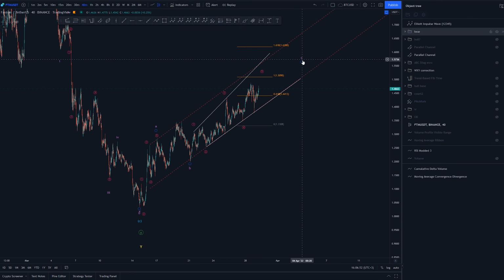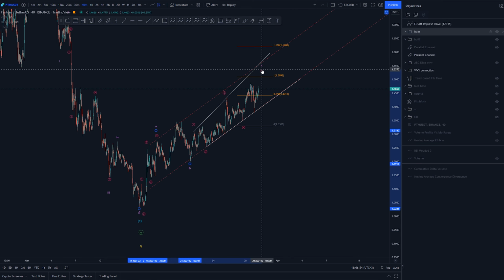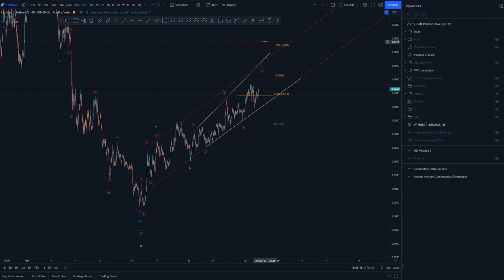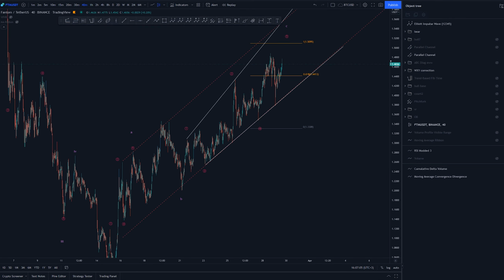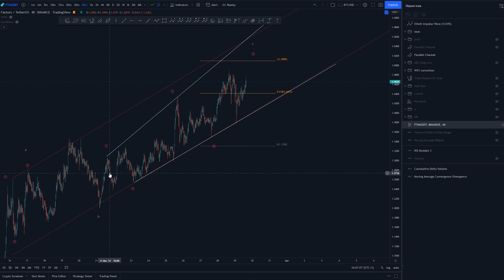Now, is it part of this C? So is it part of this whole structure, creating an ending diagonal? All these would need to be 3 waves and zigzags. So why is this? This looks so much more like a running flat than a zigzag.